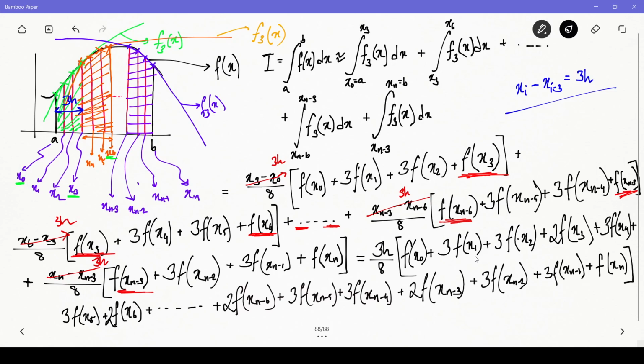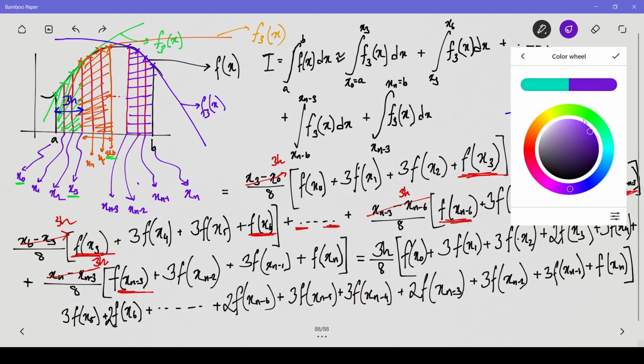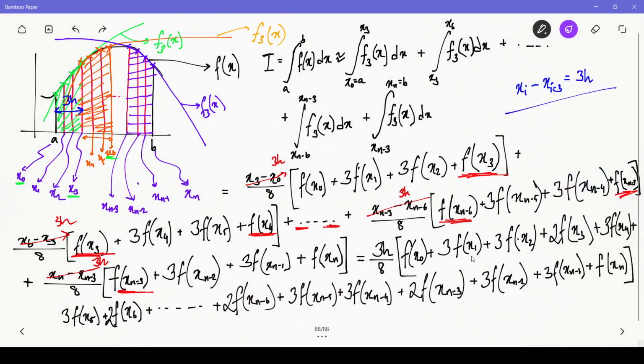So notice that for the values of x's with the subscripts or the indices that are what, one. So let's choose a good color, that are 1, 4. Then we have xn minus 5. Then we have what, xn minus 2.